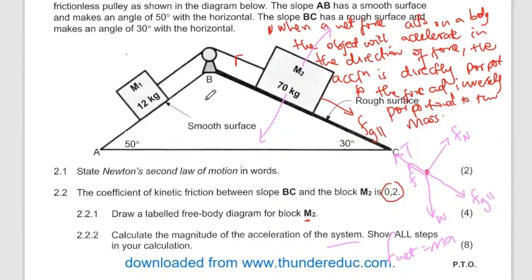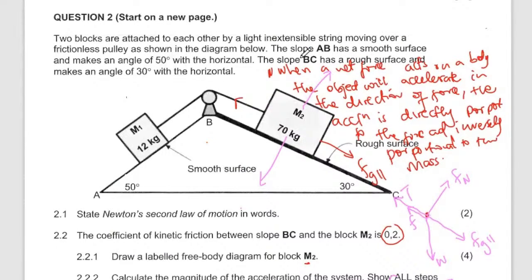I don't know which option will be better. What is happening with slope AB? There's no friction, so I can do that. Let me try to look at the entire body.